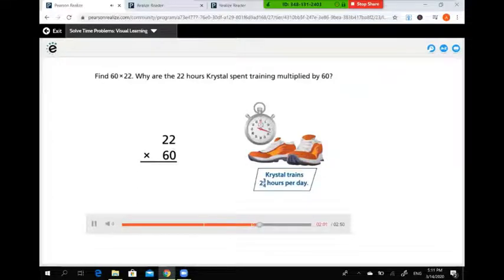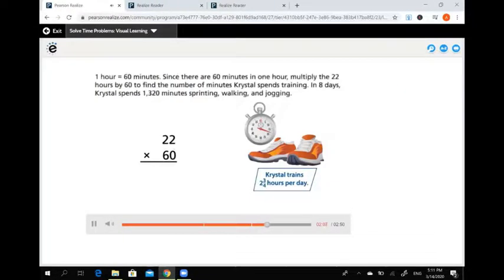Why are the 22 hours Crystal spent training multiplied by 60? 1 hour equals 60 minutes. Since there are 60 minutes in 1 hour, multiply the 22 hours by 60 to find the number of minutes Crystal spends training. In 8 days, Crystal spends 1,320 minutes sprinting, walking, and jogging.